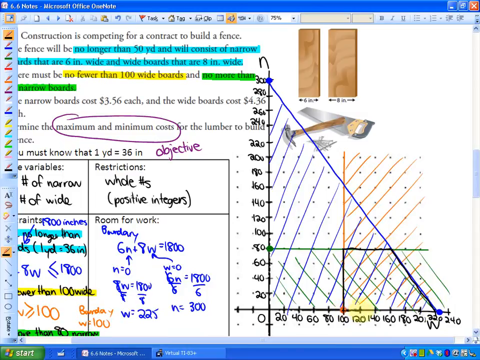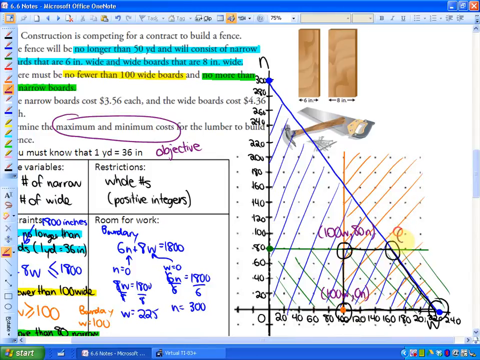So the last thing we need to do is define what the coordinates of those corners are. And the corners appear to be the following. Let me label them. This point here would be 100 wide and 80 narrow boards. This point here would be 100 wide and no narrow boards. And as I said at the very beginning of this problem, that's going to be our cheapest fence, 100 wide boards and no narrow boards.